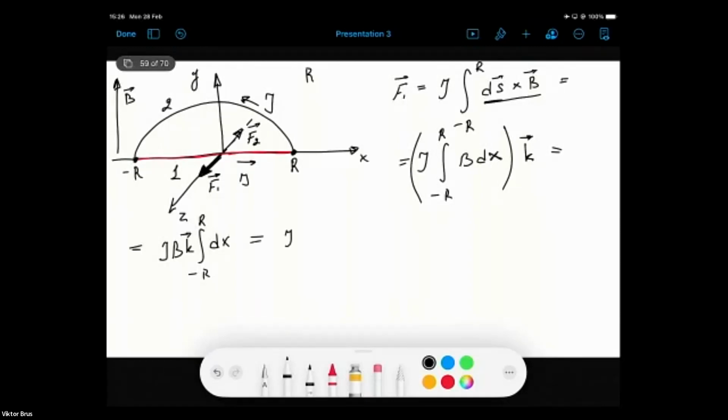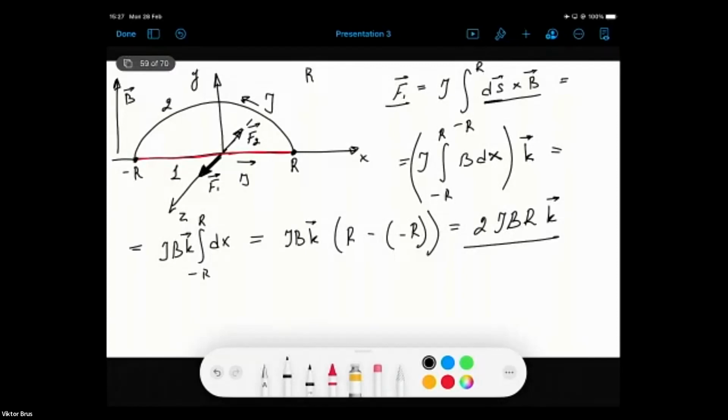That will be equal to I times b unit vector k times r minus minus r. So actually we will get 2 times I b times r times k unit vector. So that is the expression for the F1 vector, meaning the magnetic force exerted on the first segment of this loop.